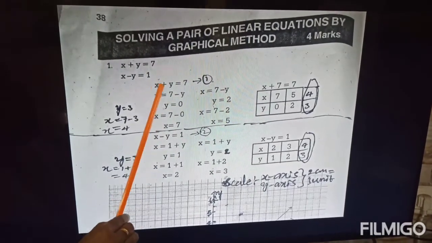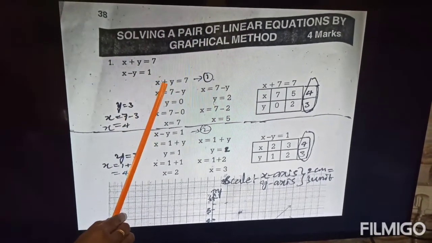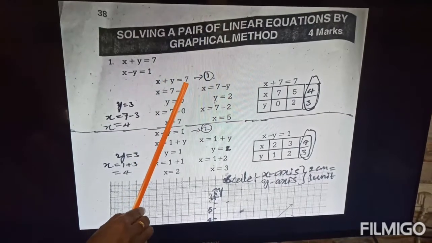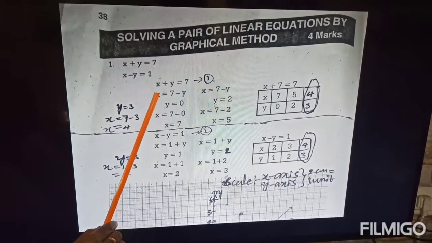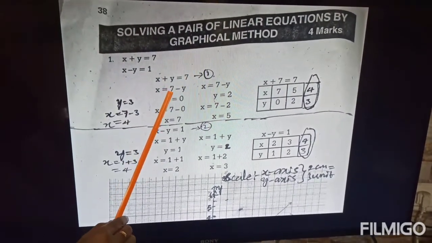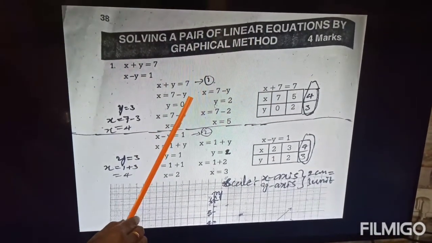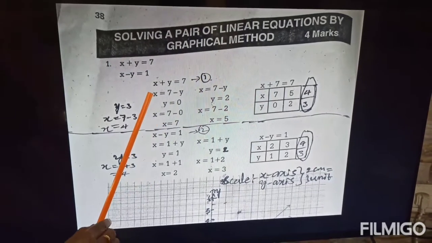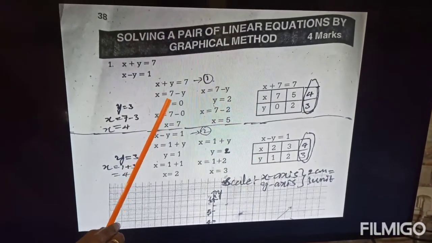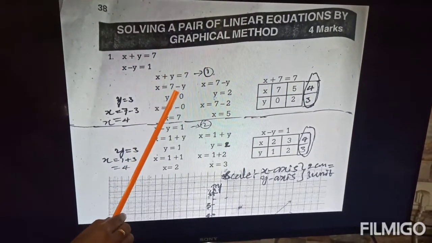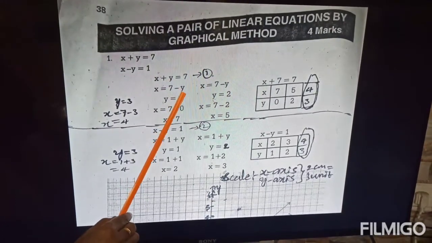Here, first take the equation x plus y is equal to 7. In this, x is equal to 7 minus y. Y taken to the right side, so only x is on the left side: x is equal to 7 minus y.